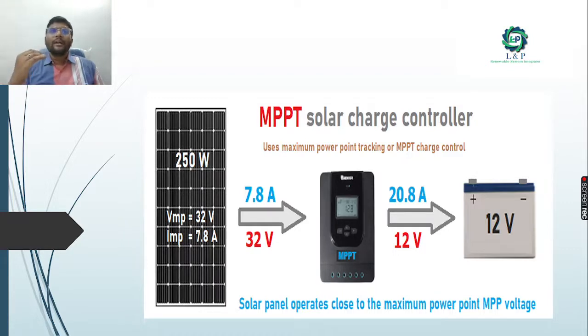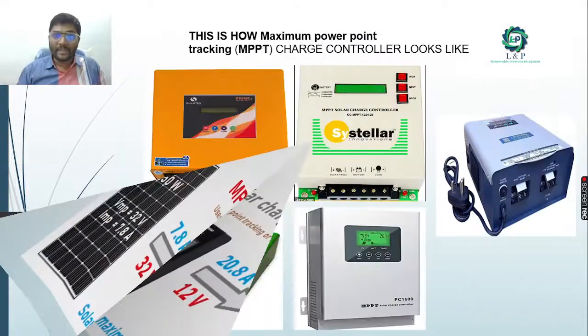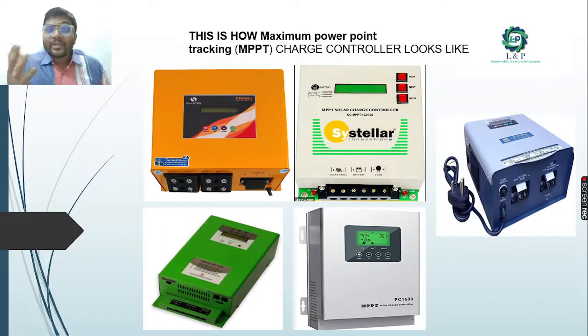So if you provide less voltage or less current, there is a possibility of issues in those devices. In order to overcome this, MPPT solar controllers are designed to provide an enhanced current. So how does it look? We all have a doubt. In the market there are so many brands and companies available.